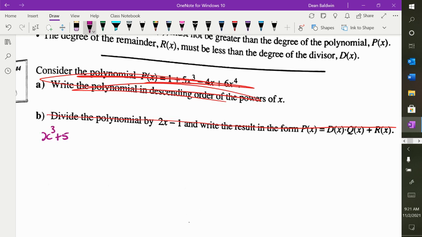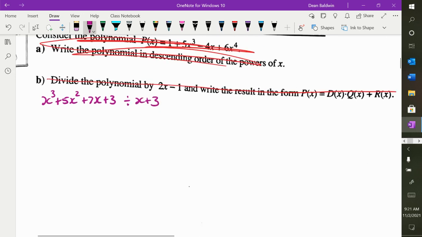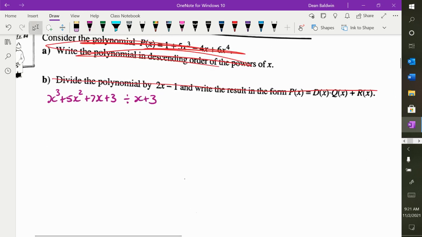X cubed plus 5x squared plus 7x plus 3. And we're going to divide it by x plus 3. All right. So what's the first thing you need to do when you get a question like this?